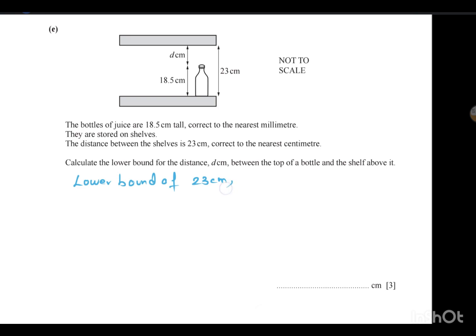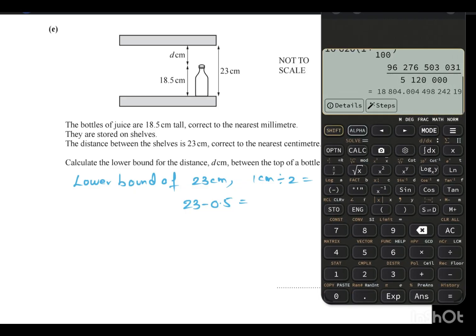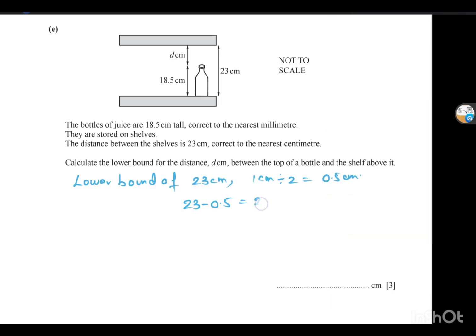So 1 centimeter divided by 2 will be 0.5 centimeter. So lower bound of 23 will be 23 minus 0.5, that will be 22.5. So 22.5 centimeters is the lower bound of the distance between two shelves.